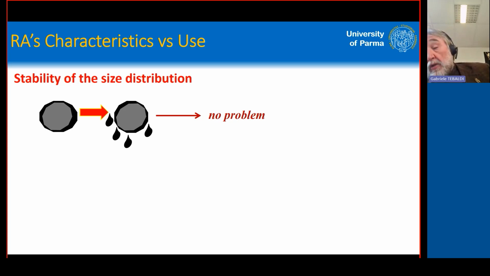Because if it is not stable, we may have problems, we have changes. And every change that is not under control, in my opinion, is a problem. So if we are in the part of the RAP that is the smaller one, which we can again name black rock, we don't have so much problem in terms of the stability of the size distribution.